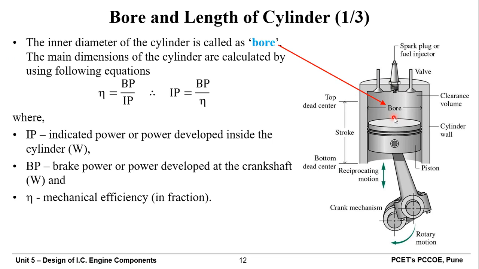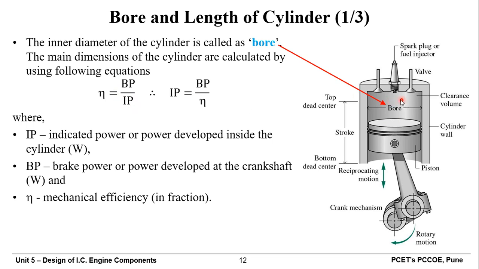The main dimensions of the cylinder are calculated by using the following equation, where this is the mechanical efficiency, which is equal to brake power, or power developed at the crankshaft, divided by indicated power, or power developed inside the engine.